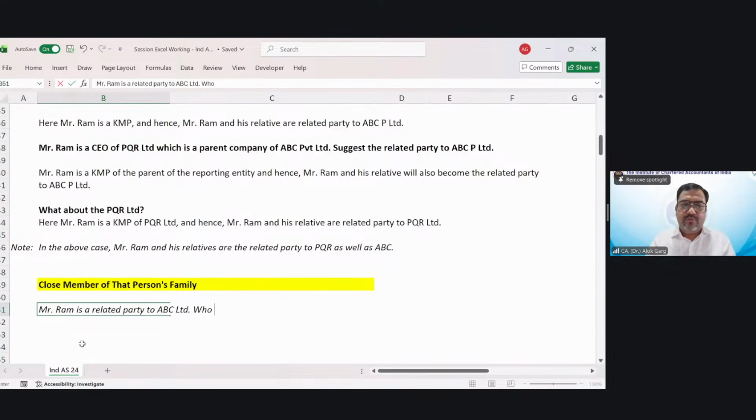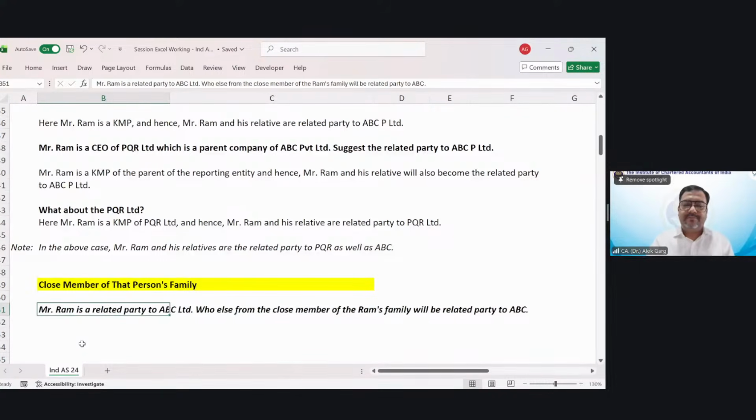Who else will be related? From the close member of Ram's family, Ram's family will be a related party to ABC.